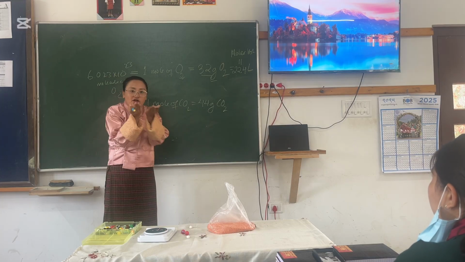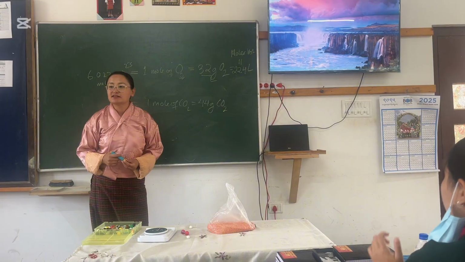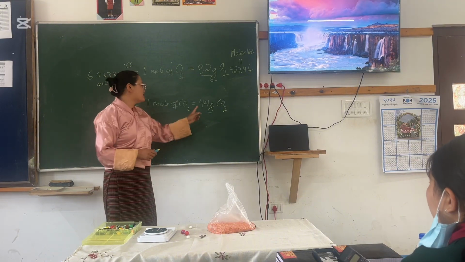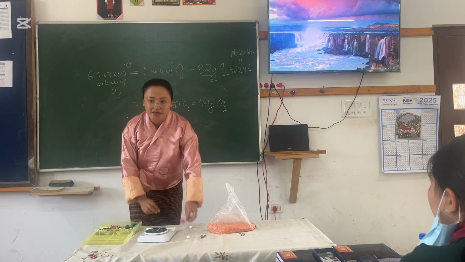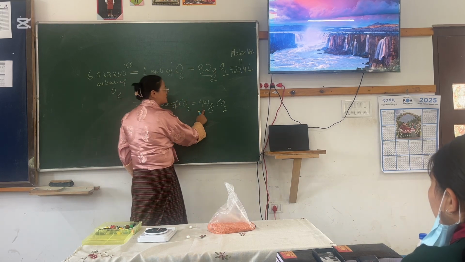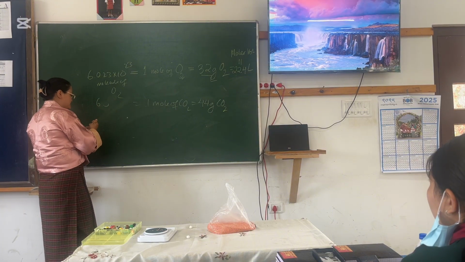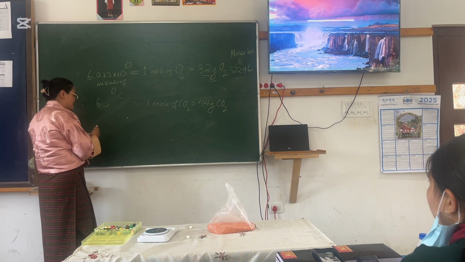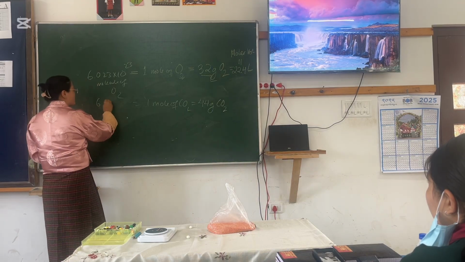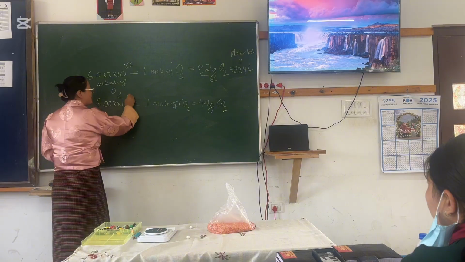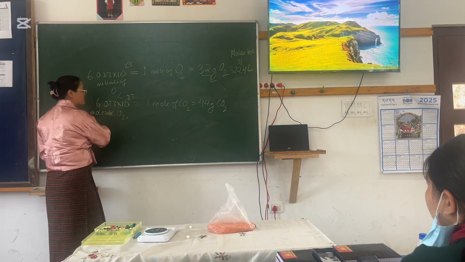Now in that 44 grams of CO2, how many CO2 molecules are present? If you count individually, it is Avogadro's number, 6.023 times 10 to the power 23 CO2 molecules, not moles now, molecules.